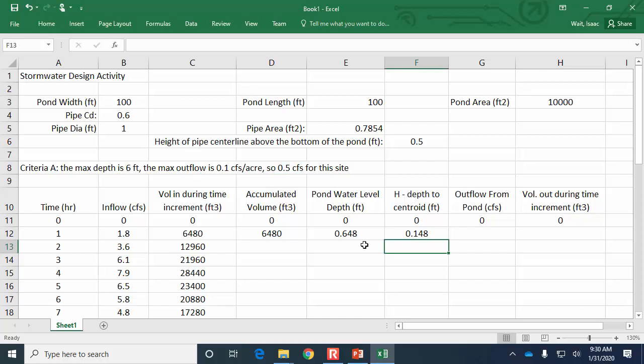0.65 is this distance, and then if we're using right now a 1 foot diameter pipe, and half of that is 0.5, so then the distance from the water surface down to the centroid, I guess we should do, so if the water depth is 1, then we should have half left over.